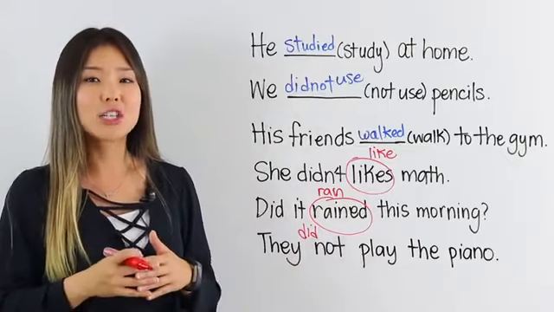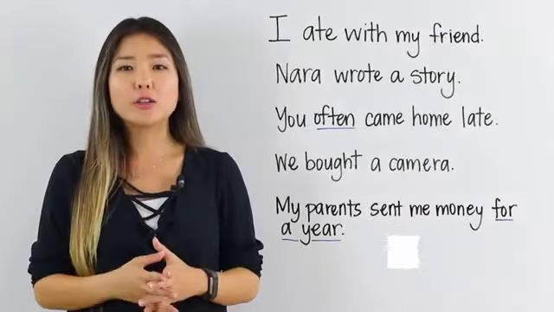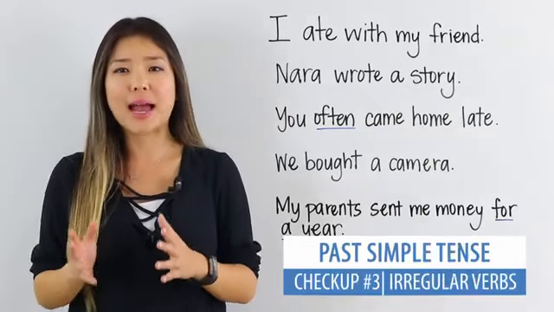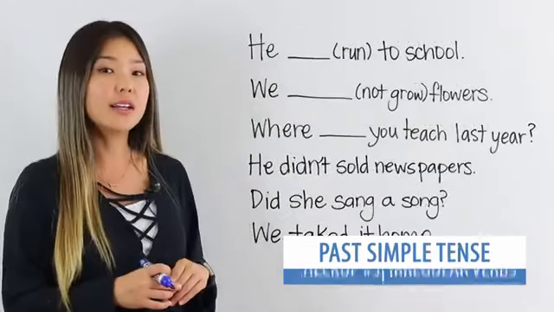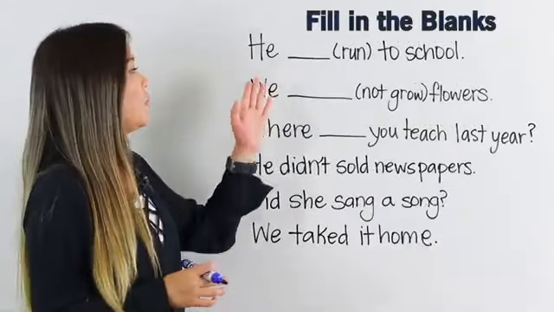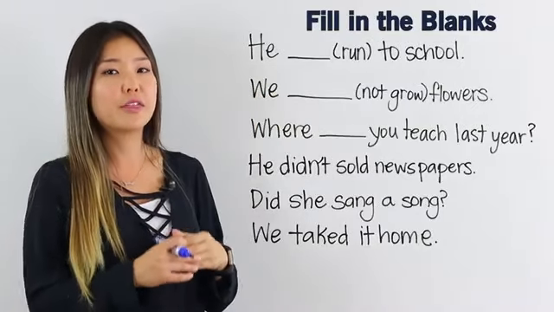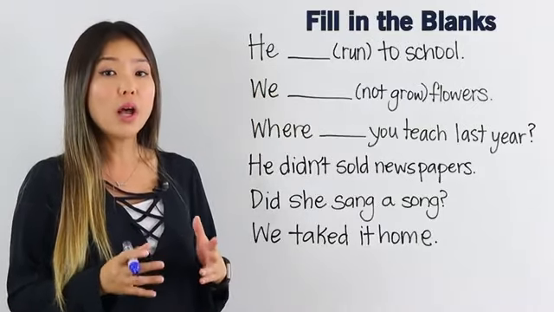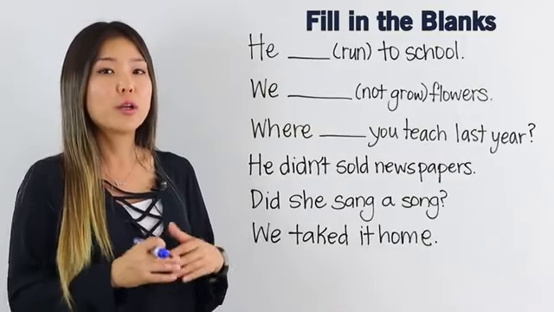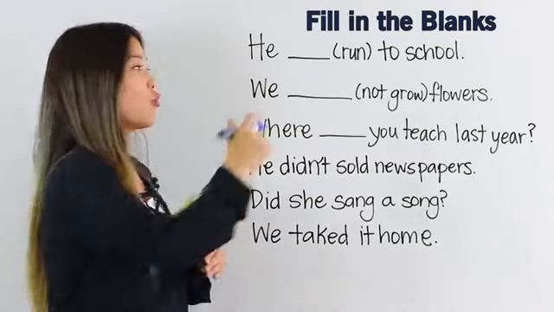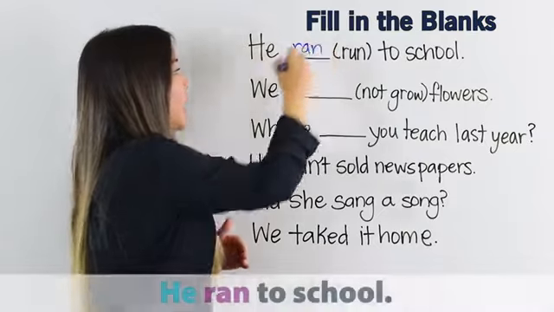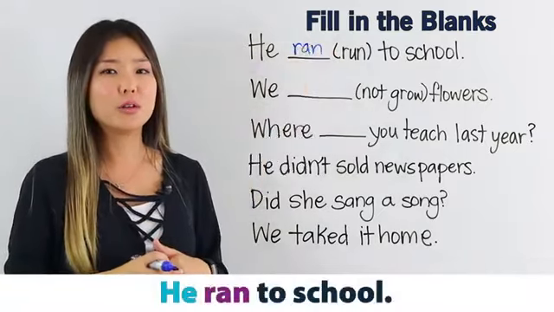Let's move on to the next checkup. Now, I'll talk about irregular verbs in the past simple tense. Take a look at the first sentence. He blank to school, and the verb is run. Run is an irregular verb, so the past tense form is ran. He ran to school.